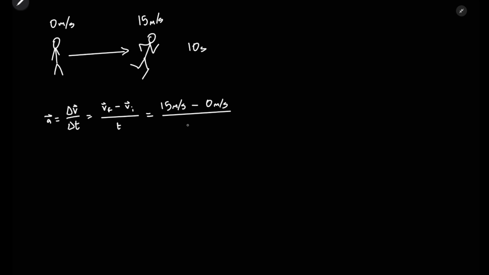And our time interval was 10 seconds. So let me just calculate this real quick. 15 divided by 10, 1.5. Our acceleration: Guy accelerated 1.5 meters per second squared in the right direction.